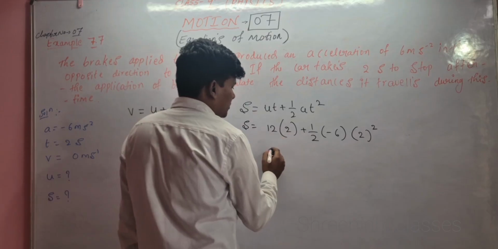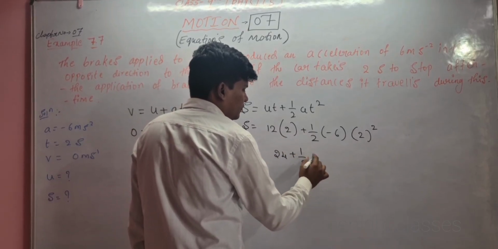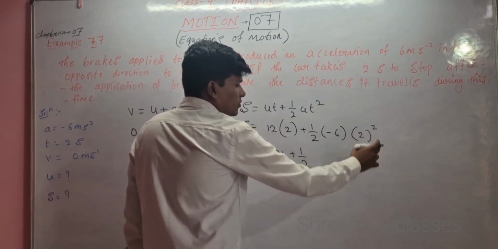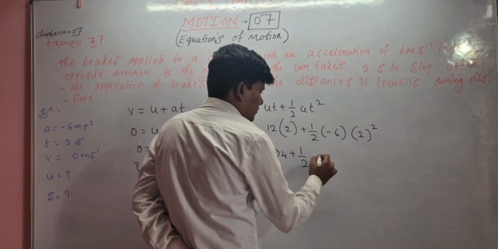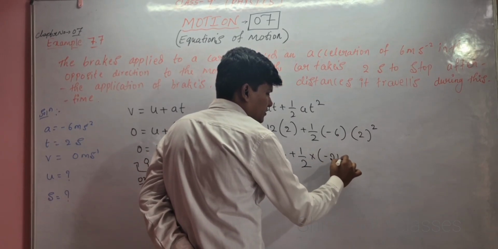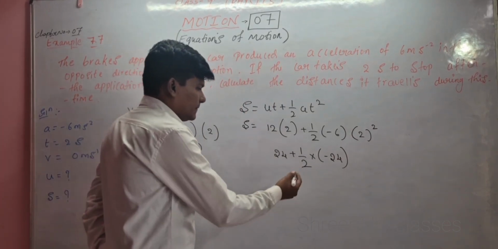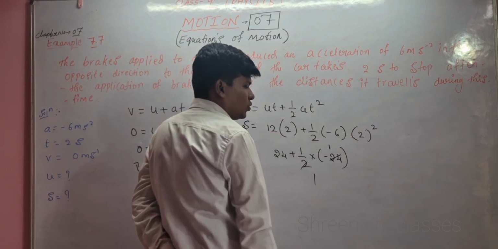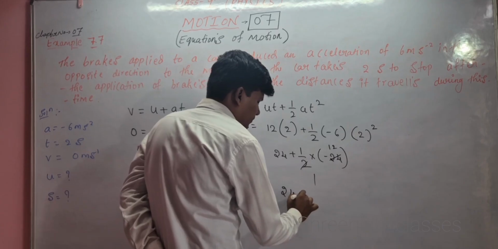Okay, 12 2s are 24 plus half. So 2 2s are 4, 6 4s are 24, into minus. Now 2 1s are 2, 2 2s are 4, 24.